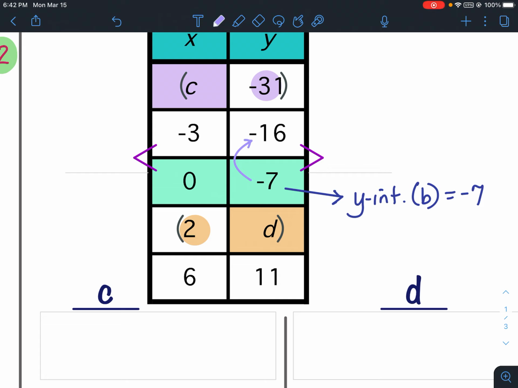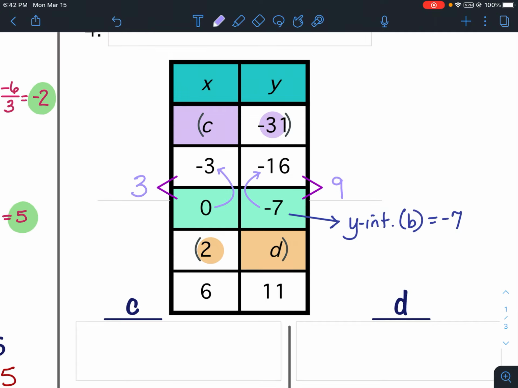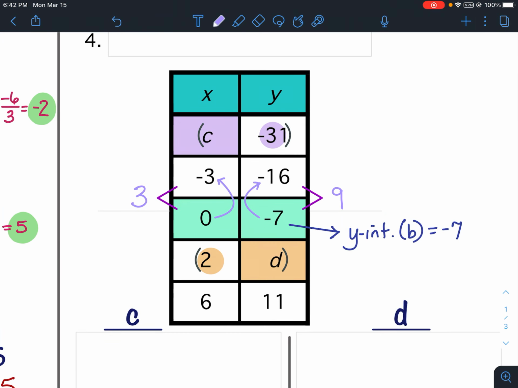-7 minus -16 is 9. And then 0 minus -3, which would be 3. So my slope is the difference in y value over difference in x value.